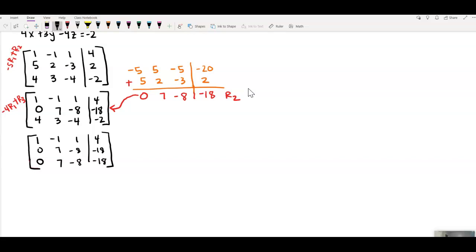Normally I wouldn't come down here and make this a 0, but because I can see that these two are the same, I'm going to multiply my row 2 by a -1 and then add it to row 3. I know that means it's going to be infinite solutions when these two are exactly the same thing. So let's see what happens when I do this.